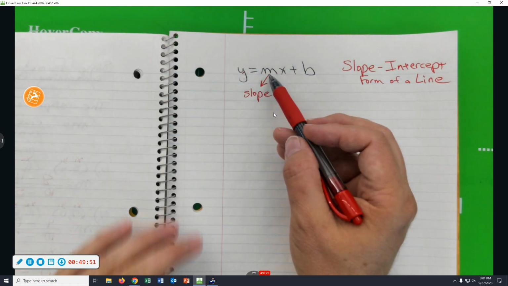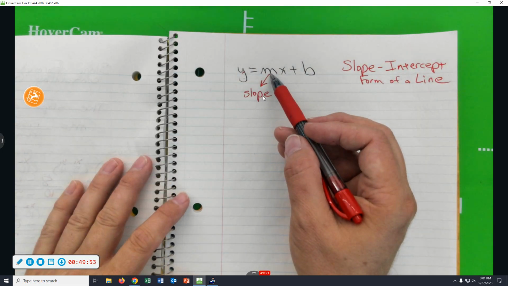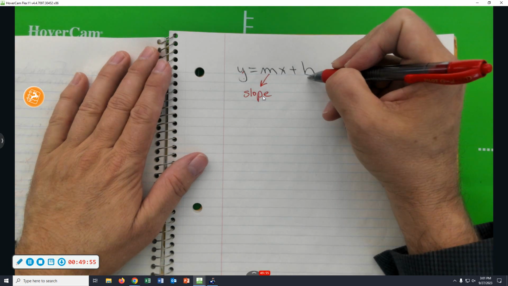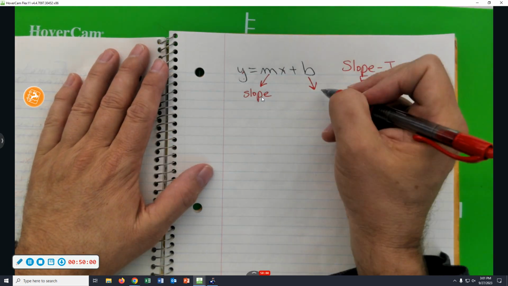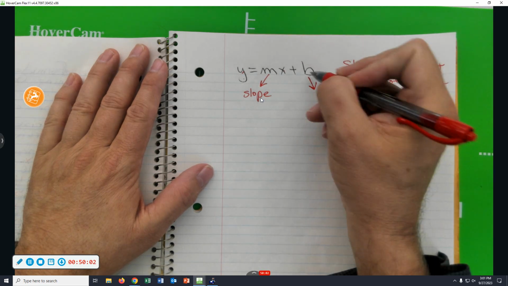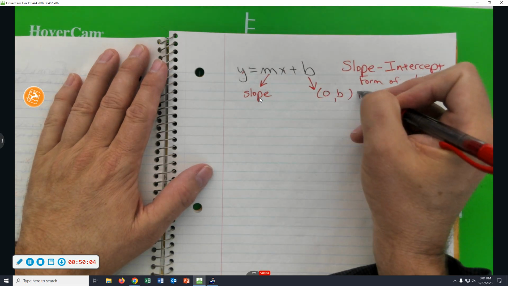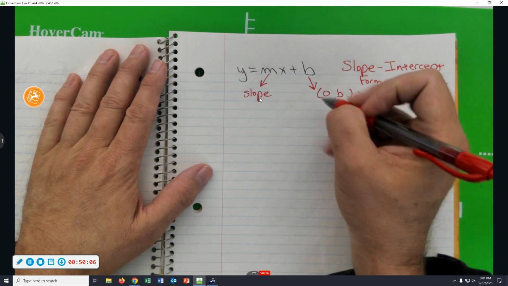The number in front of x turns out to be the slope. This b value tells you the y-coordinate of the y-intercept. That's (0, b), the y-intercept.